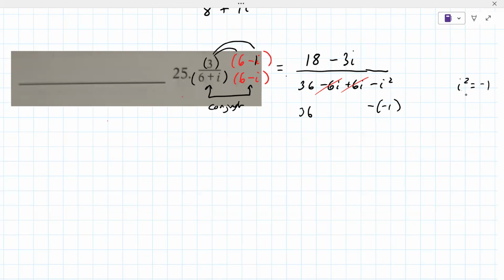Forget about the 36, I'm just asking about the minus a -1. That would be 1, since they cancel out. Yes. So you're adding those together. That becomes 37 on the bottom. So it's 18 minus 3i, each divided by 37.